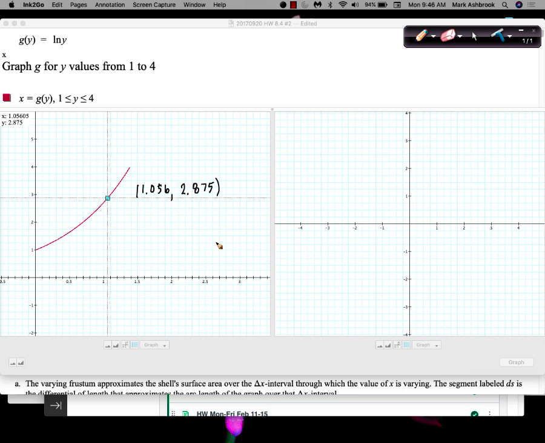We want to interpret those coordinates according to g of y equals ln of y. We're interpreting the meaning of that point where I have the crosshairs.